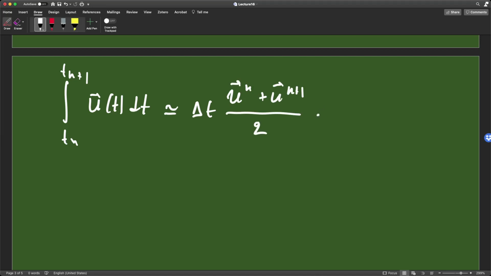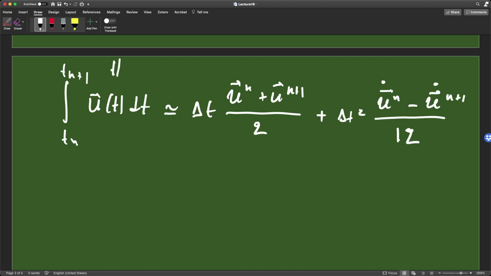And then the correction is delta t squared times un dot minus un plus 1 dot, divided by 12.